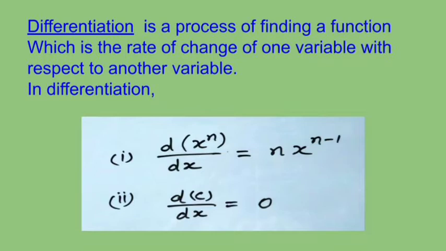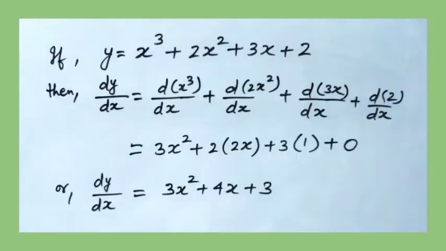These rules will be more clear by an example. If y is equal to x cube plus 2x square plus 3x plus 2, then dy by dx is equal to d dx of x cube plus d dx of 2x square plus d dx of 3x plus d dx of 2. Here we differentiate each term.